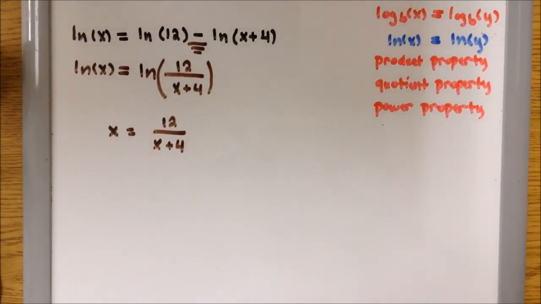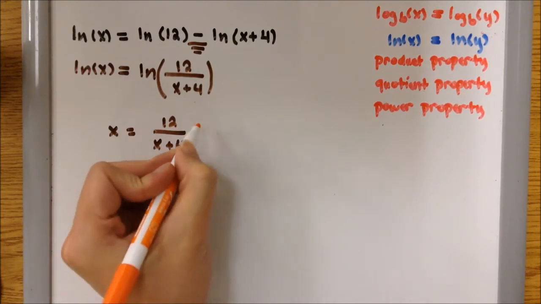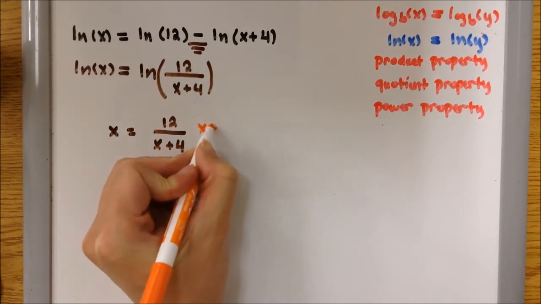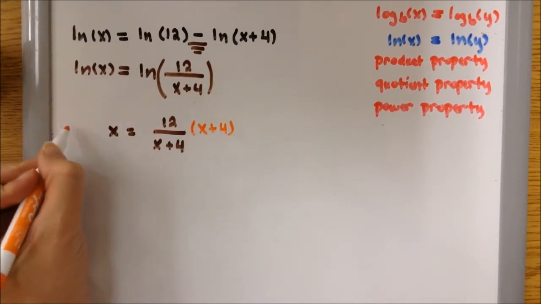And since we have a fraction, if I want to get rid of the denominator and change it where it's not a fraction anymore, I'm going to multiply by the denominator on my right side. And what I do on the right side, I've got to do on the left side.